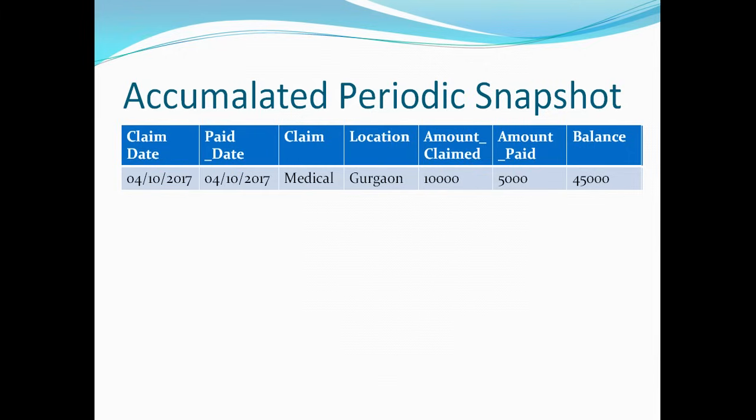So if you see here, I had a clear starting and ending point. My starting point is when the claim came into the system. My ending point is when my claim is paid. The amount paid initially was null, it has changed. The balance initially was 50,000, it has changed to 45,000.